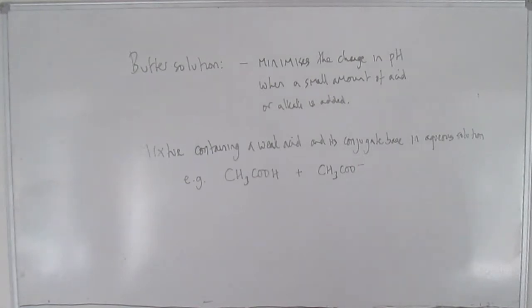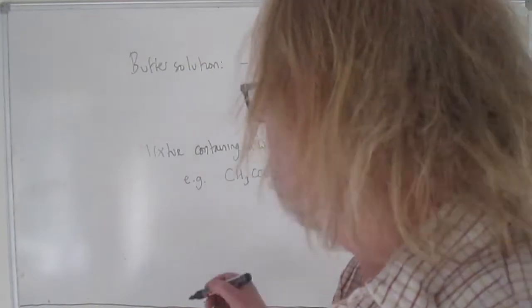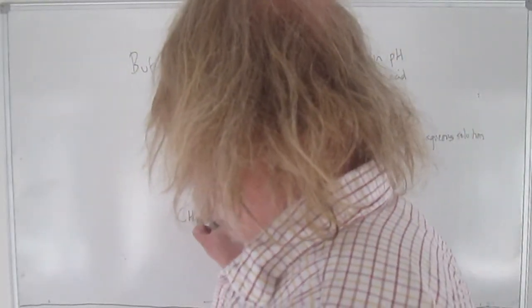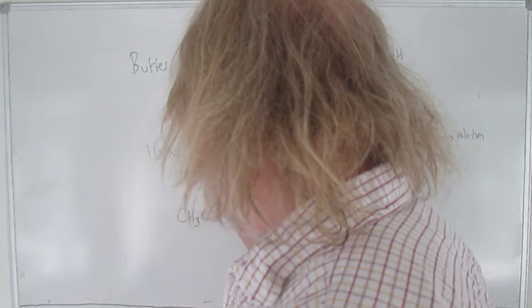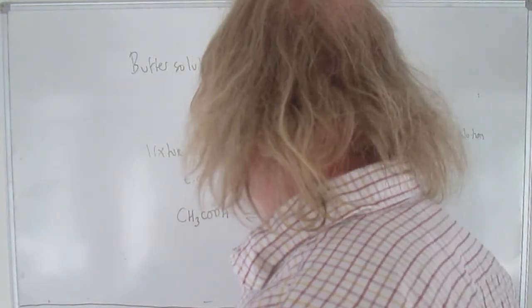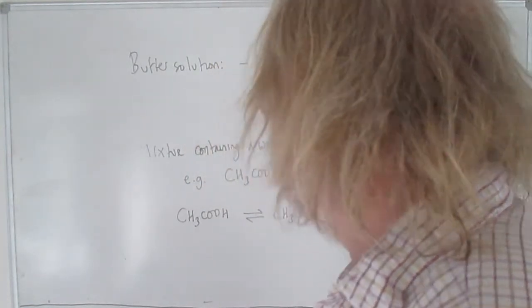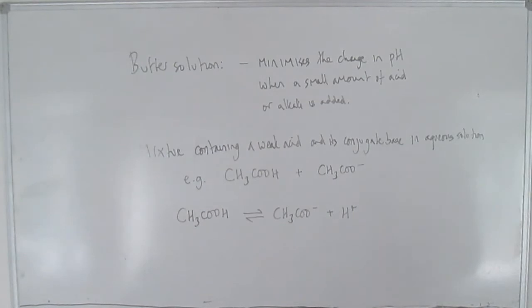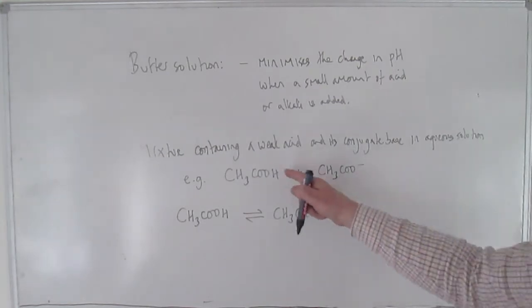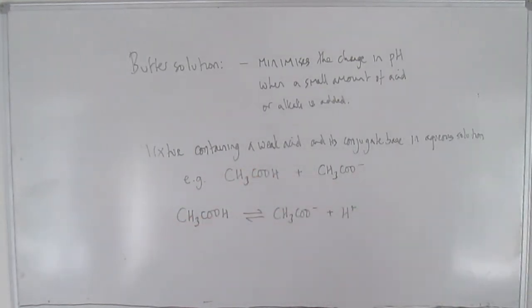And we can see how it works by thinking about the equilibrium that involves the two of them. So the ionization equilibrium for ethanoic acid goes like this. So you can see if you have your mixture sitting there and you throw in some extra acid, so you drop some HCl into your solution, for example, then this equilibrium is going to shift in response to that change.